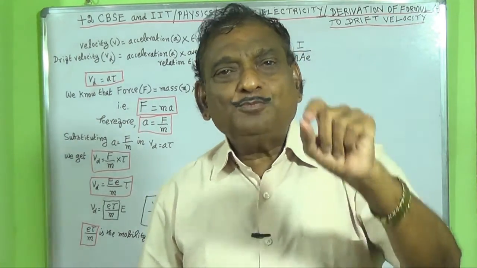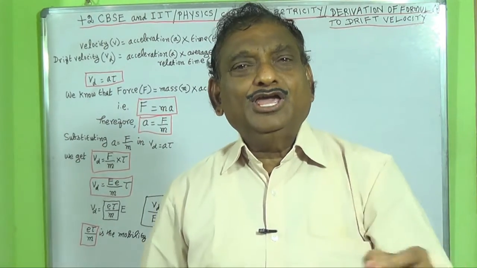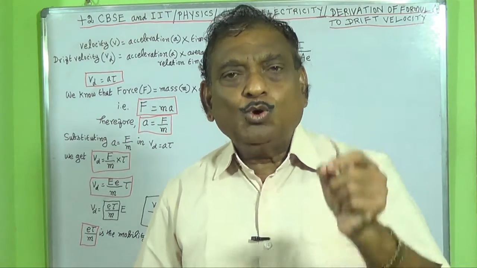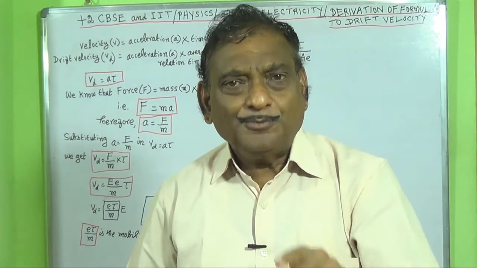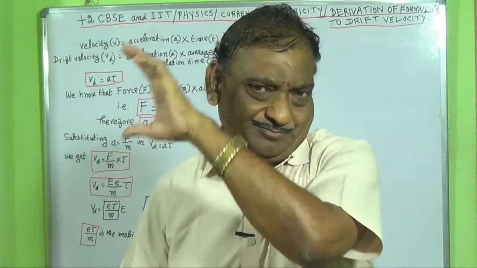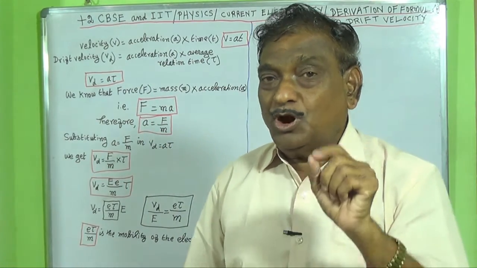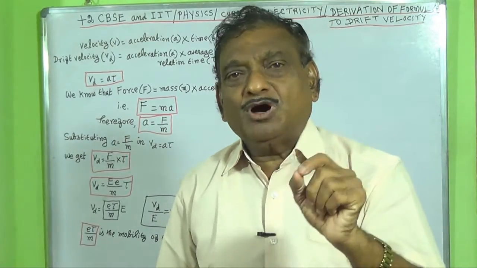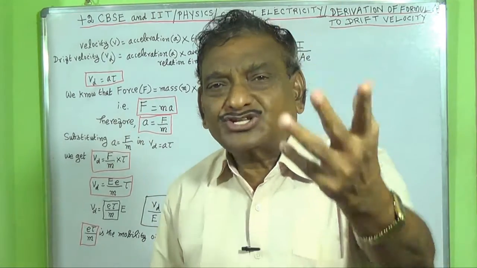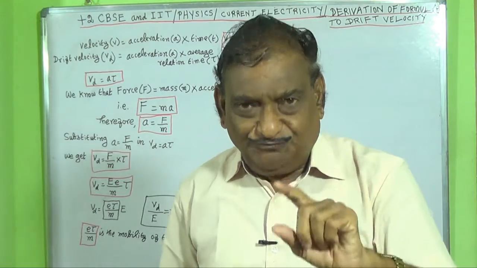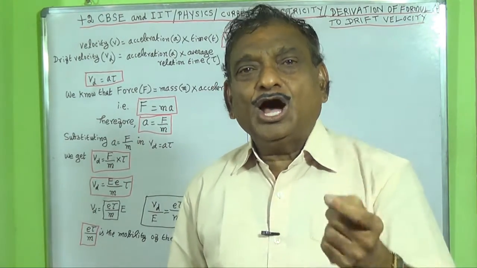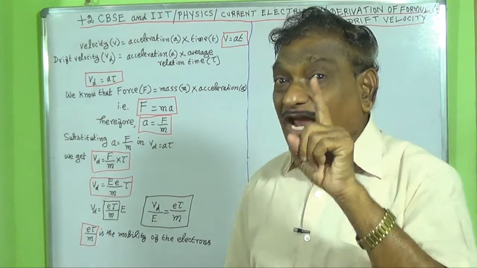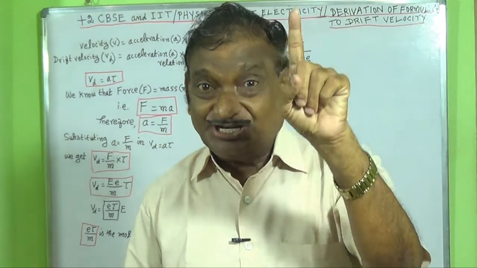The value of the mass of an electron is 9.11 into 10 to the power of minus 31 kilogram. So e, the charge of an electron, and m, the mass of an electron, are constants. Hence, if we know the value of the electric field and the average relaxation time, we can find the drift velocity.